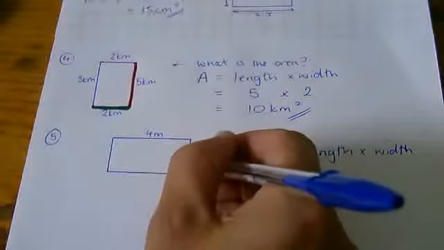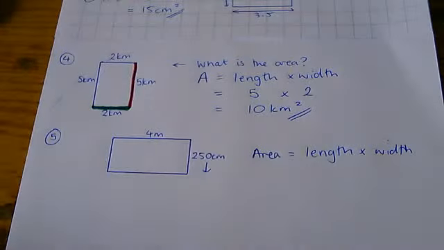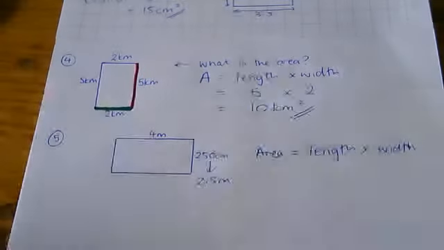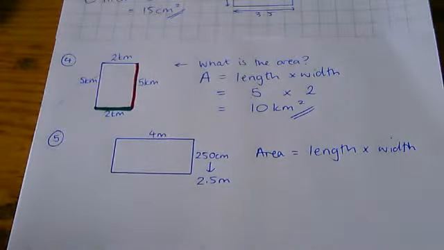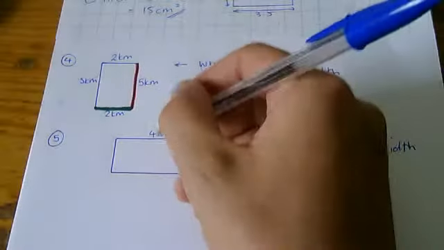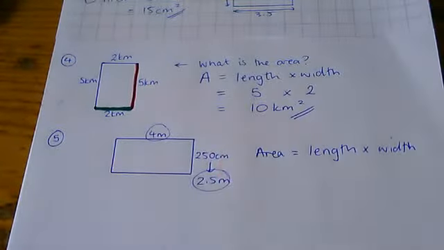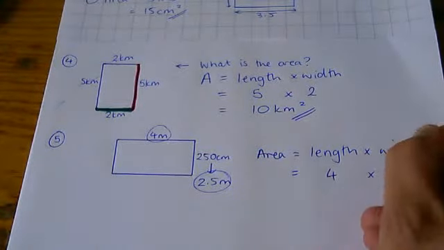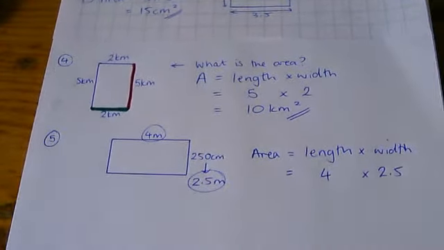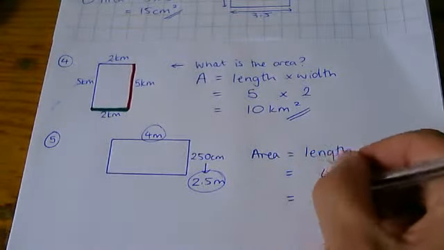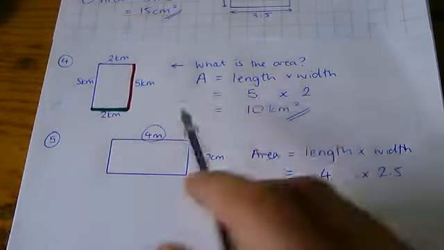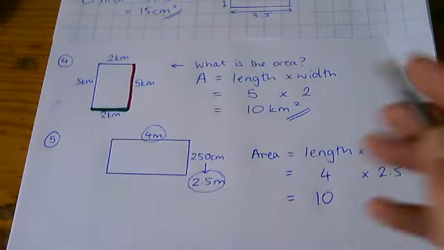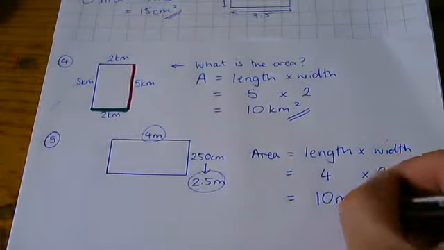So what I'm going to do is change this 250 centimeters into meters, which is 2.5, and now I'm going to use these two numbers to multiply. And 4 times 2.5 gives you 10. Notice that I use the ones with meters in them, so my units are square meters.